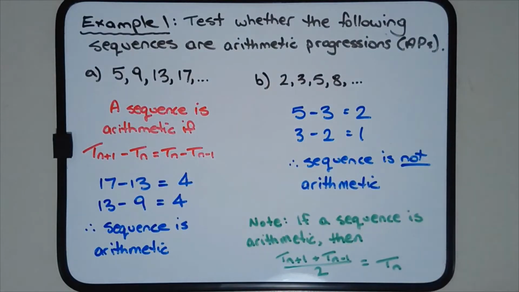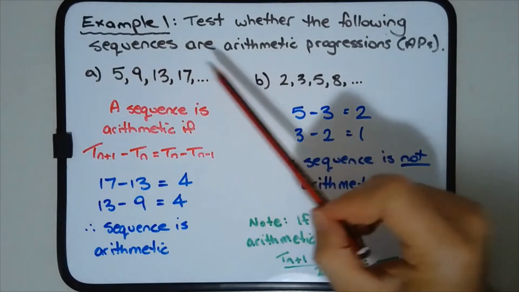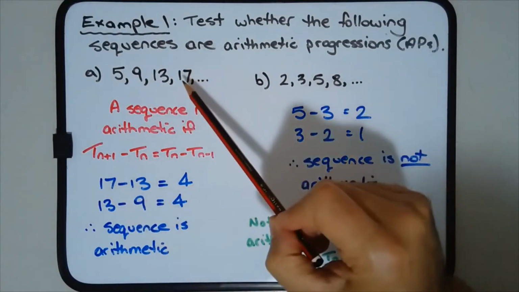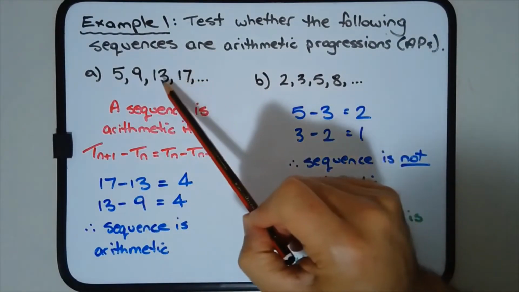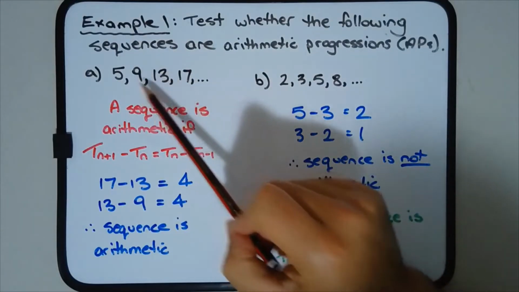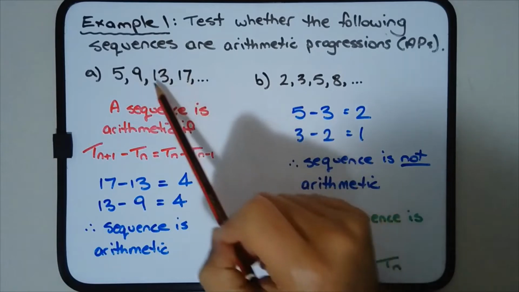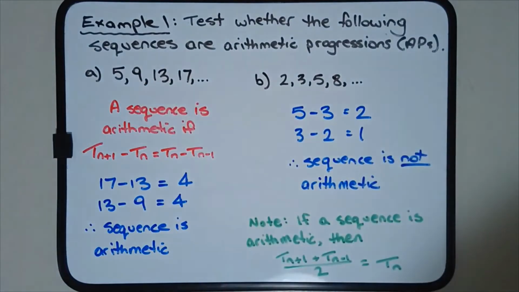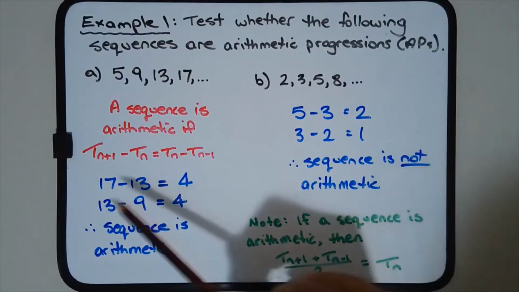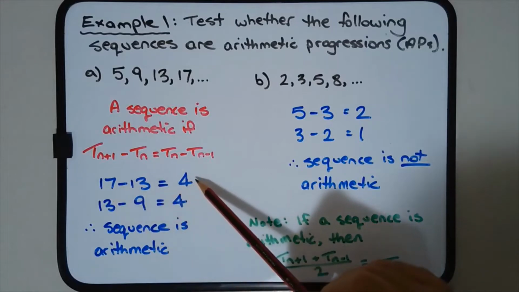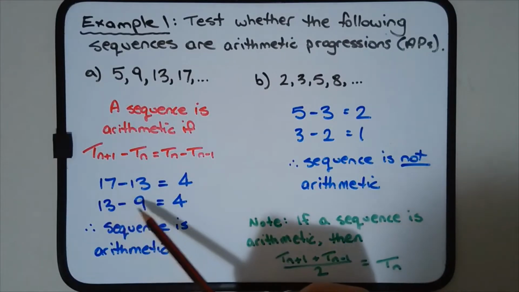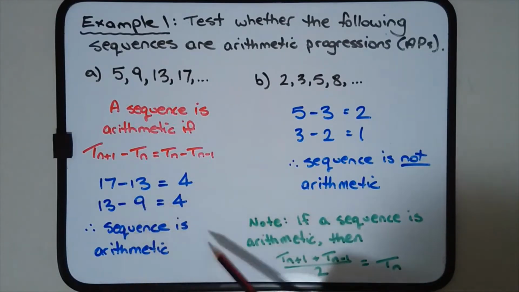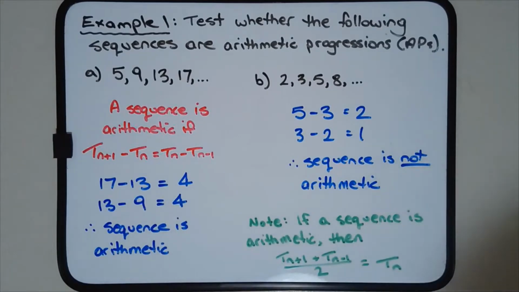So if we choose any 3 consecutive terms of the sequence, in this case we chose 17, we did 17 minus 13, and then compared that with 13 minus 9. The difference between these two terms and the difference between these two terms should be identical, a common difference. 17 minus 13 equals 4, and 13 minus 9 also equals 4. So therefore, the sequence is arithmetic.